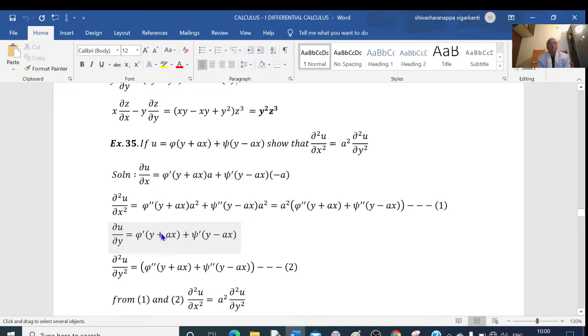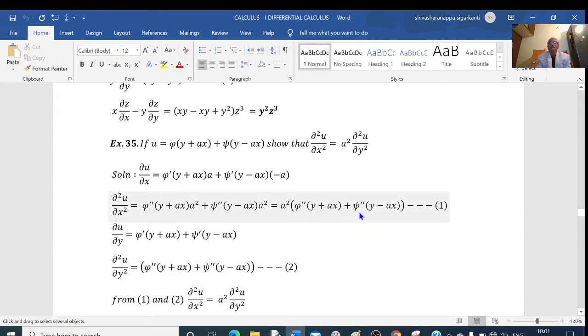So this is our ∂u/∂y. Again differentiating this equation with respect to y, we get ∂²u/∂y², that is equal to phi double dash of y plus ax into 1 plus psi double dash of y minus ax into 1. I will take this as 2.